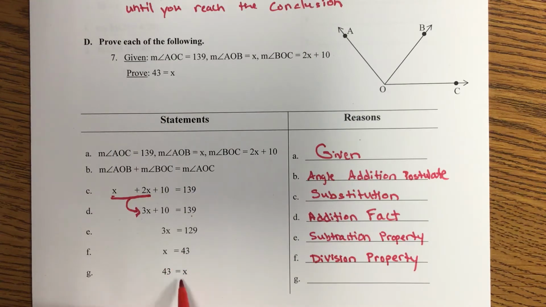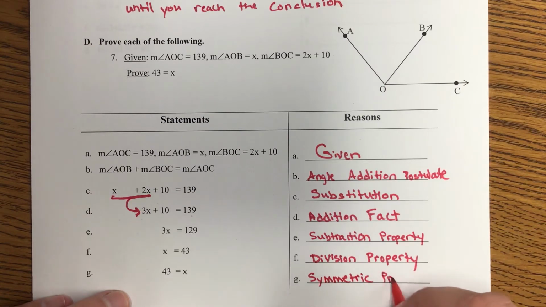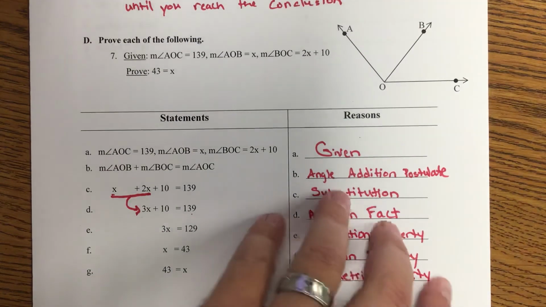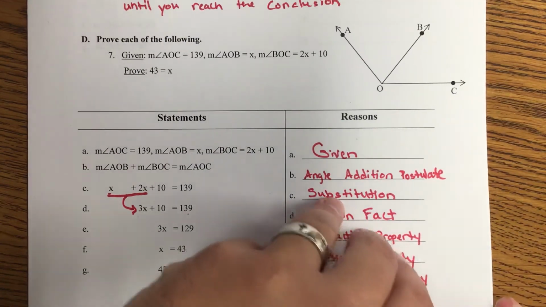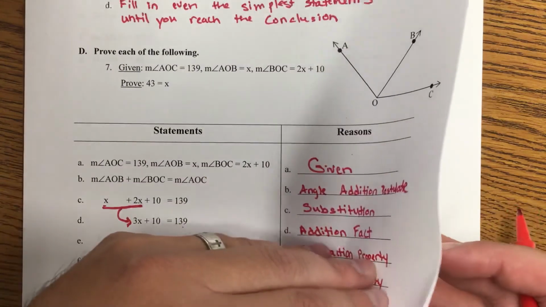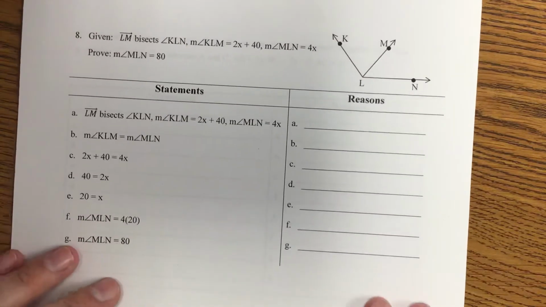So that means you have to take it another step, and that's the symmetric property, because it just flipped it, okay? So what I want you to do is I want you to pause the video, and I want you to try number 8 on your own. So I want you to try this one on your own.